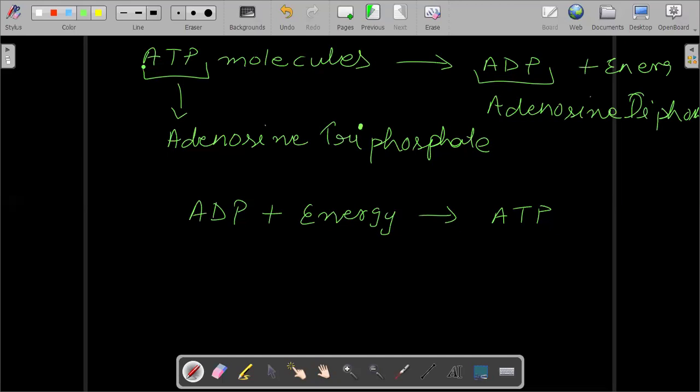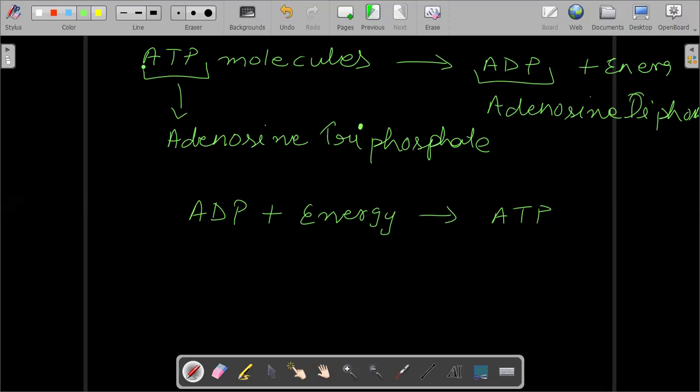So in which case do we have a greater amount of energy produced? In the case of aerobic respiration and in the case of anaerobic respiration.